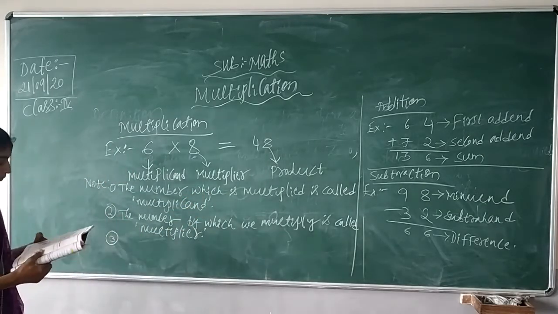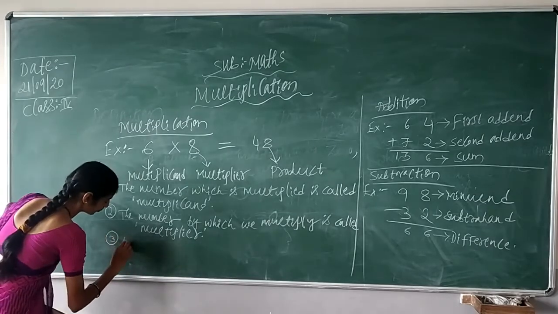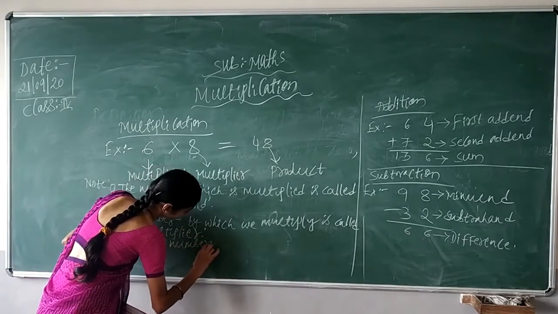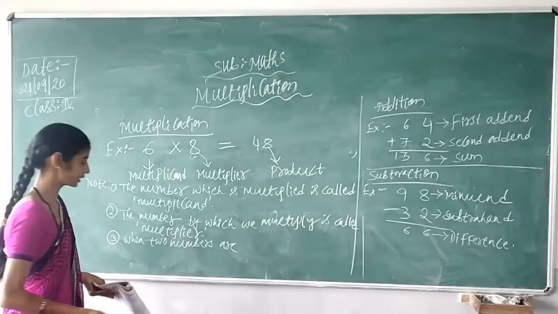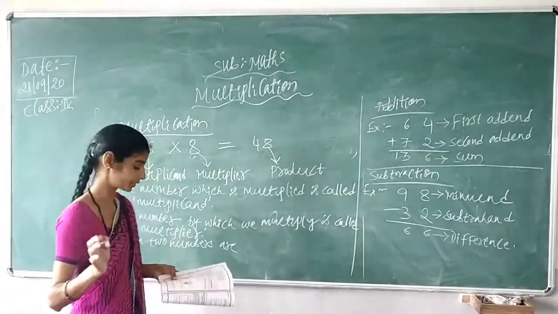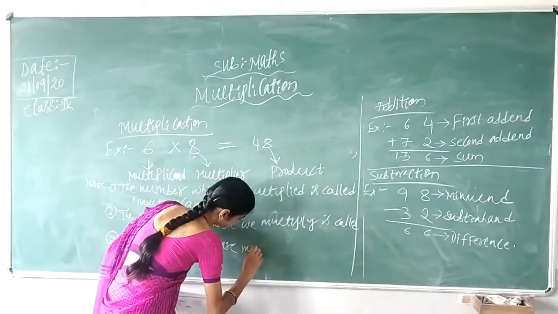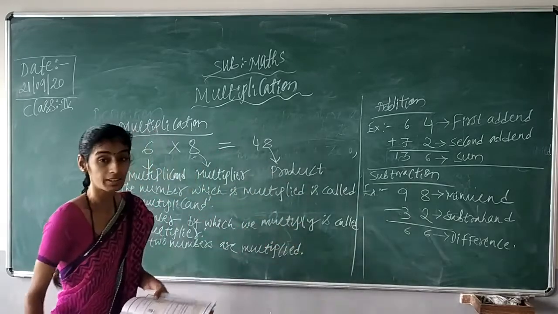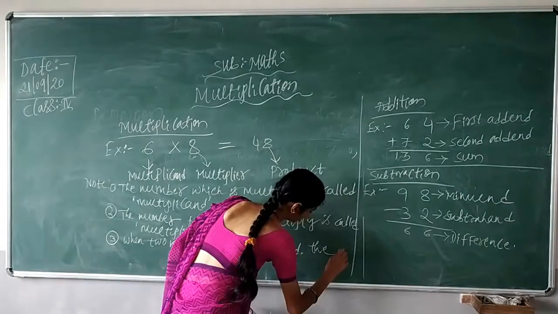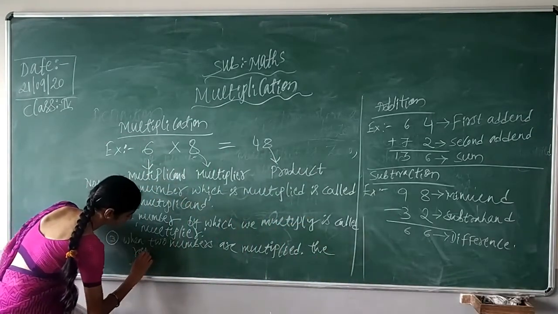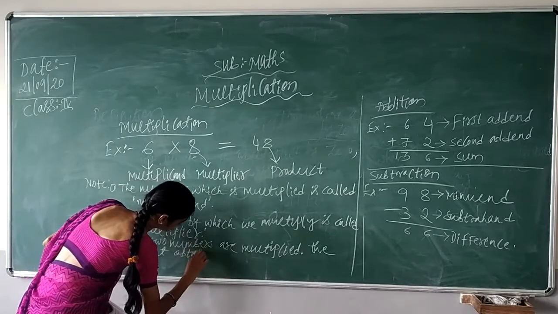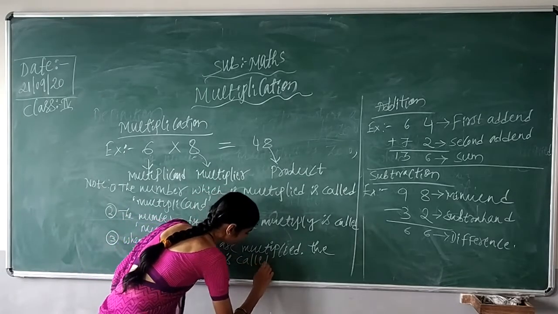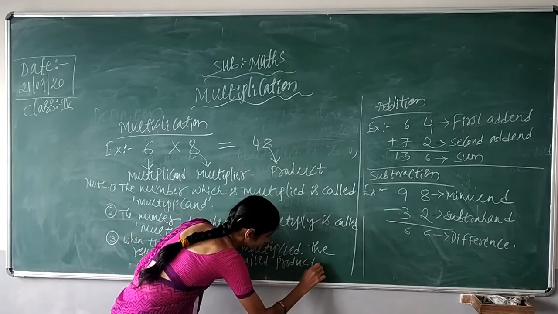Then third note, when two numbers are multiplied, two or three you can take, more than three also you can take, when two numbers are multiplied, the result obtained is called product.